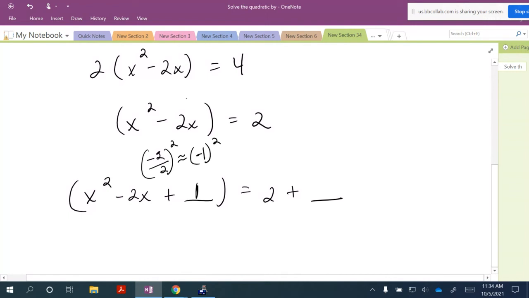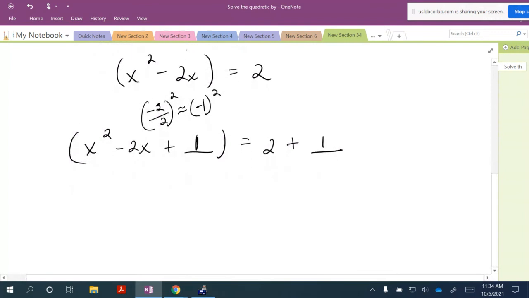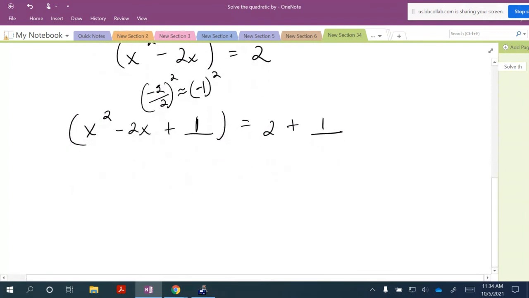So keep in mind, whatever we add to one side, we add the same thing to the other side. So notice on the left-hand side, we added 1. So we must also add a 1 on the right-hand side. Being that we completed the square, you force a perfect square trinomial.